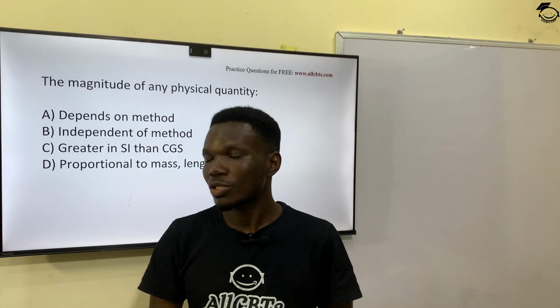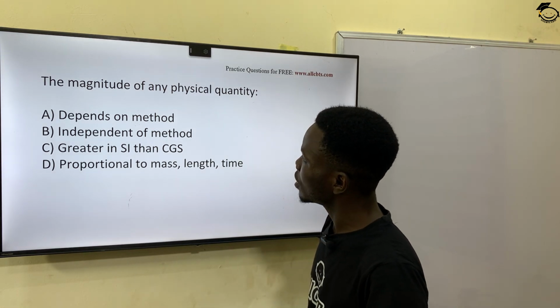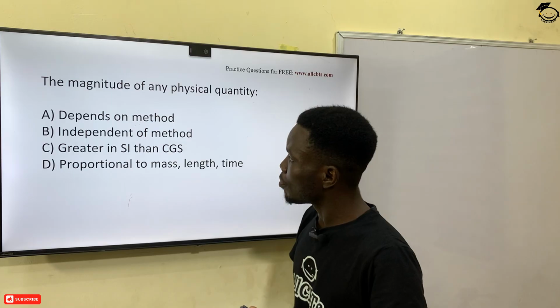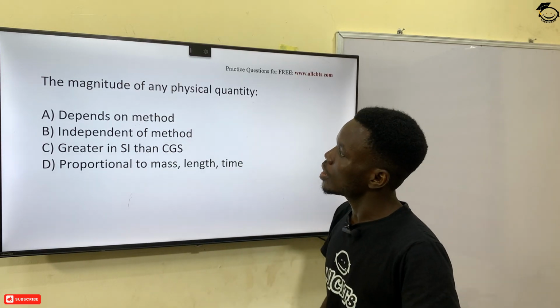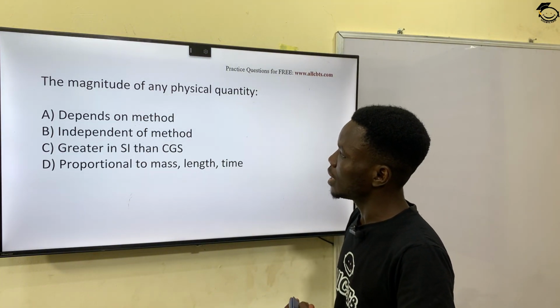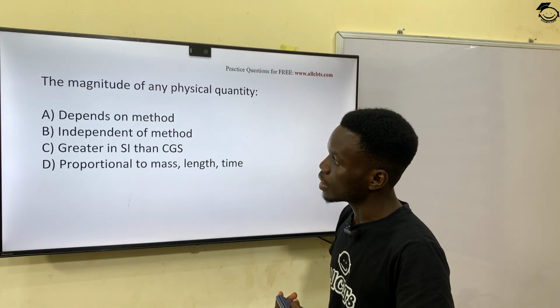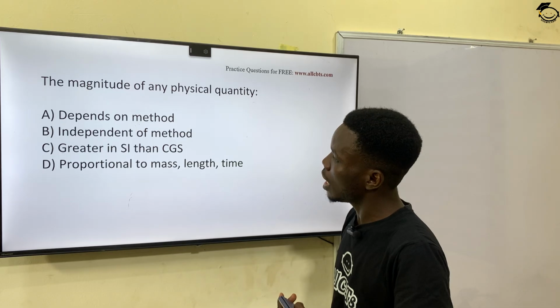That takes us to the next question, which is, the magnitude of any physical quantity dash. Option A says it depends on method. Option B says it is independent of method. Option C says it is greater in SI than CGS.